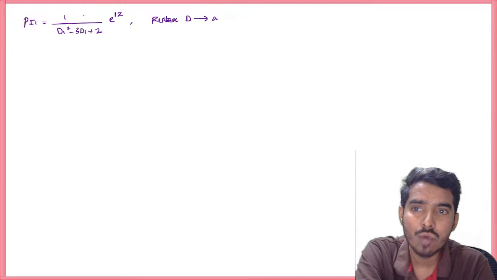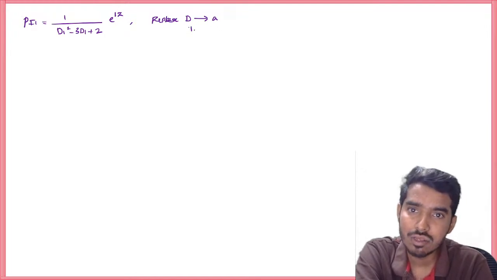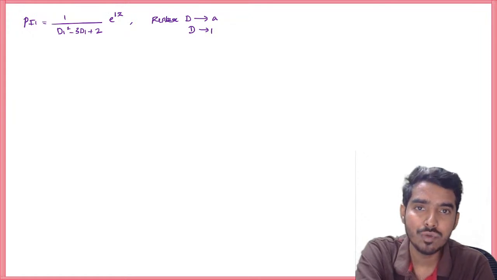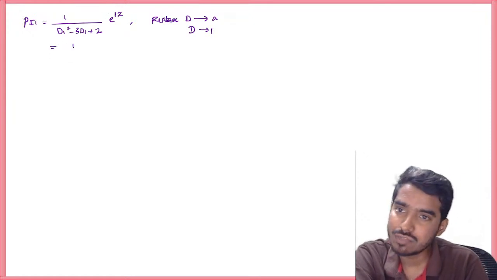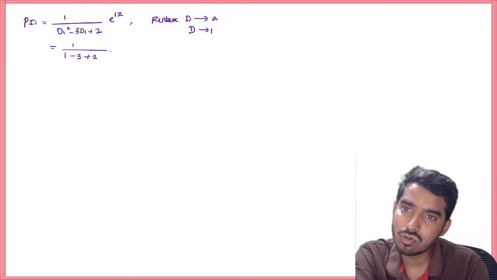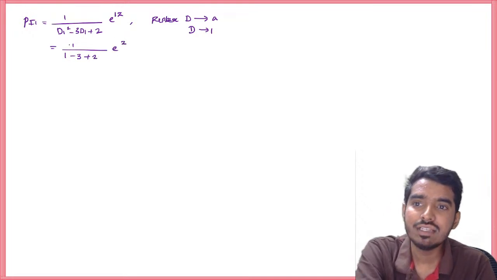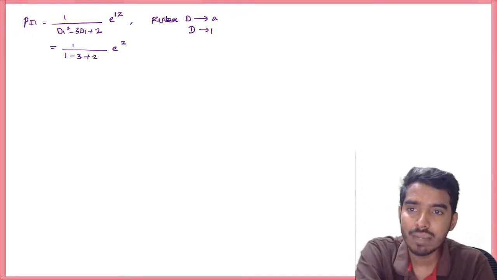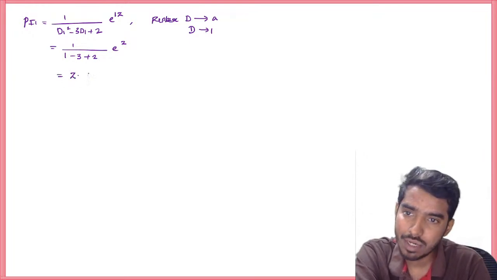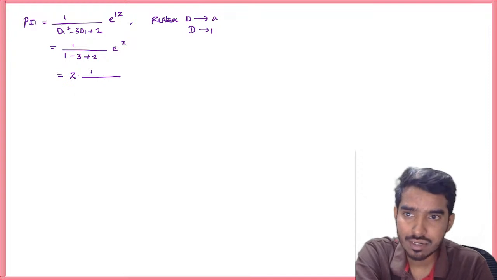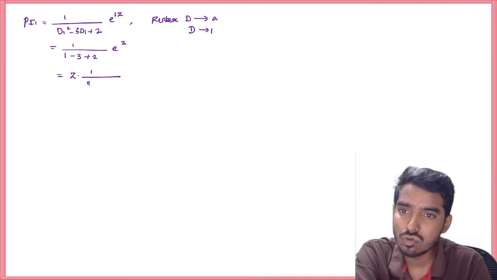If you have 1 by f of D on e power az, you have to replace D by a. So a is 1 here, because 1 into z, the coefficient of z. If we replace 1, we will have 1 minus 3 plus 2 on e power z. You can see this is 0, since 1 minus 3 is minus 2, minus 2 plus 2 is 0. That means you have to multiply by z and differentiate the denominator. So D1 square becomes 2D1 minus 3, on e power z.